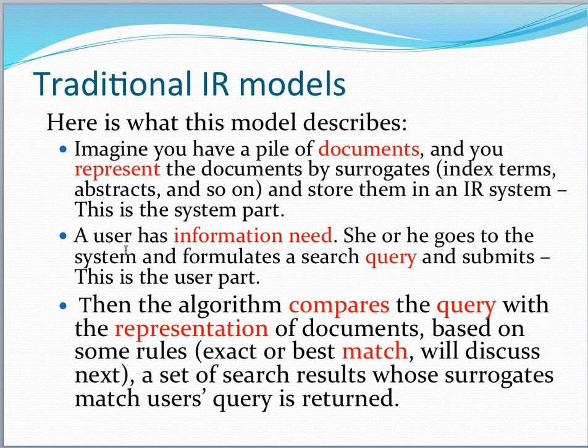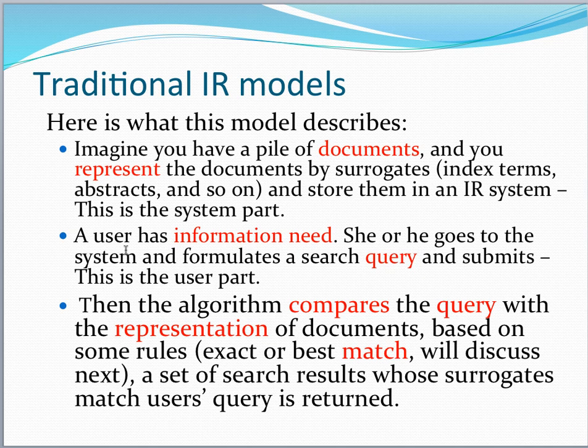Here, let's see what it says here, traditional IR models. Here's what the model describes. Imagine you have a pile of documents and you represent the documents by surrogates. You see, it is a representation of the documents: index terms, abstracts, fields such as author, name, etc. Those are not the documents themselves.